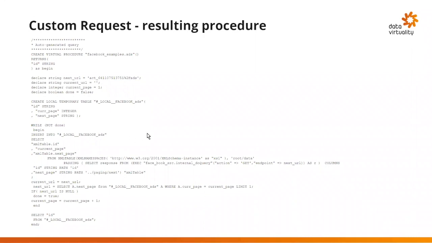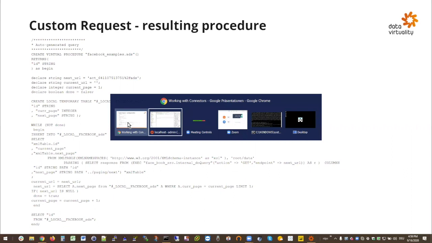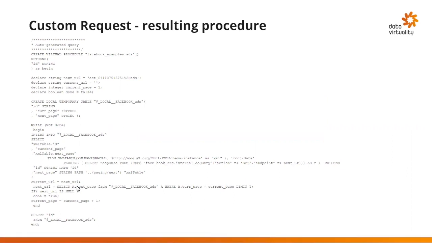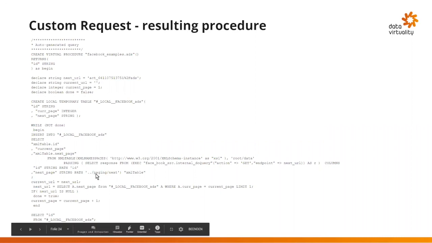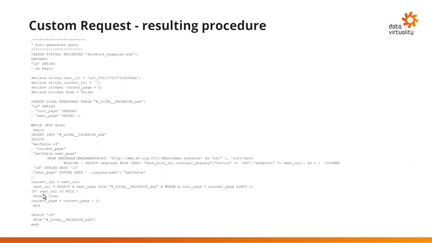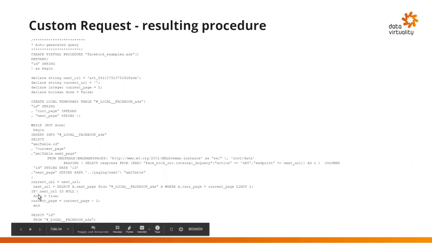So we're getting the next page as we could see it on the Graph API Explorer, and then we're basically looping and looping until we don't find paging next anymore. So at this time we are filling up the local temporary table, and then in the end we return it.